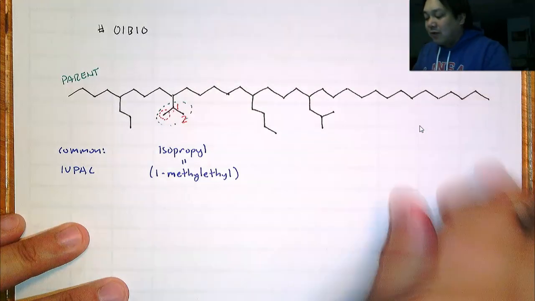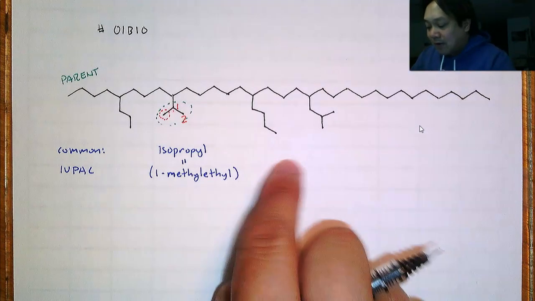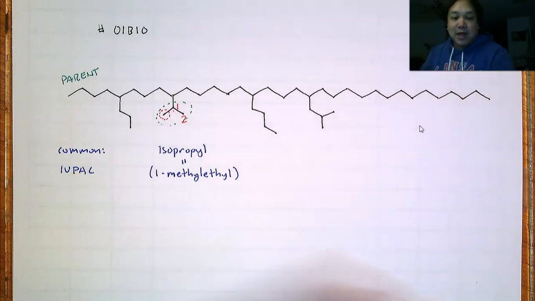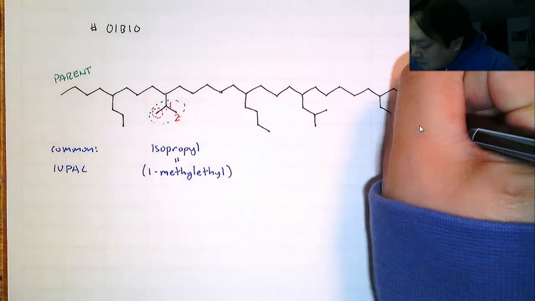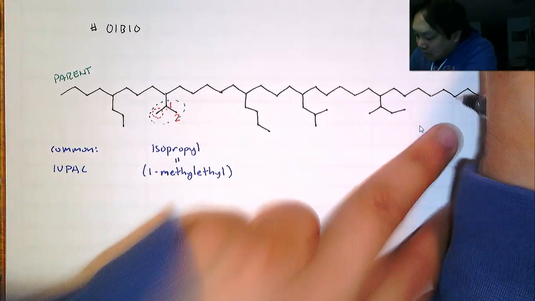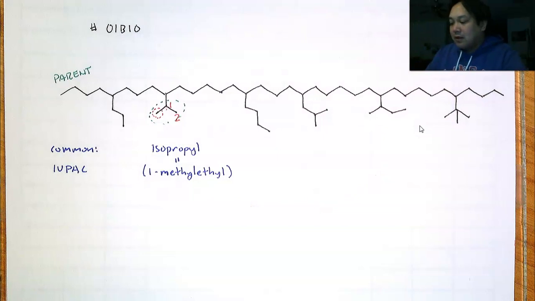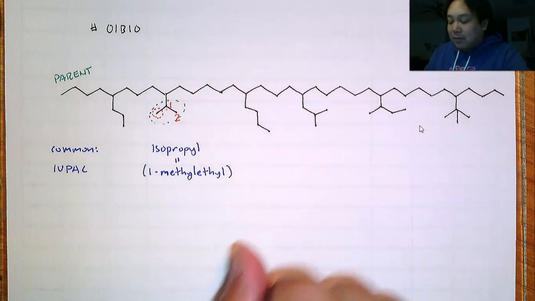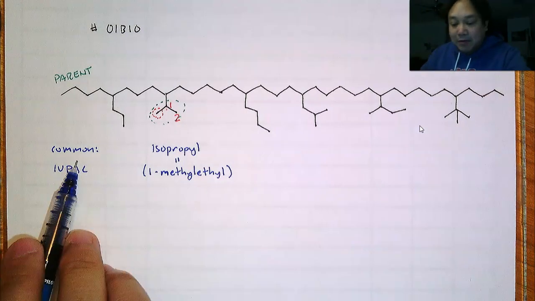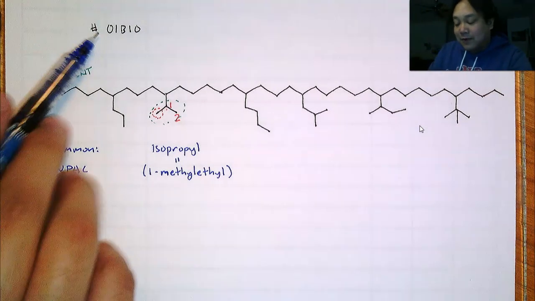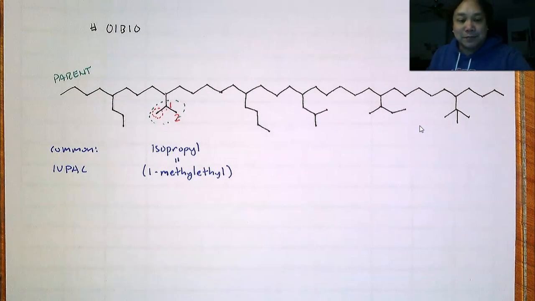Let me draw the other two, and then I'm going to ask you to write down the common name of each of these 3 substituents and the IUPAC name. Go ahead and pause the video.